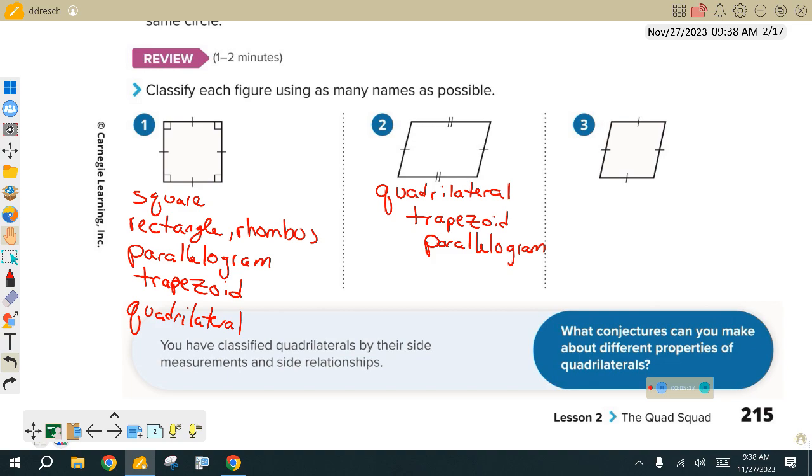Those are not marked as parallel. Those are marked as equal lengths, as congruent sides. But that implies one and the same, actually. If you have congruent sides like that, that's also going to imply we have parallel sides. So that's going to give us a parallelogram. Does that get us anything else after parallelogram?